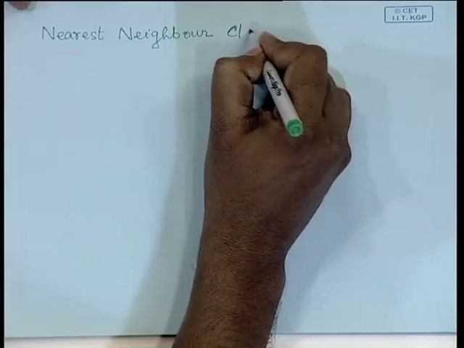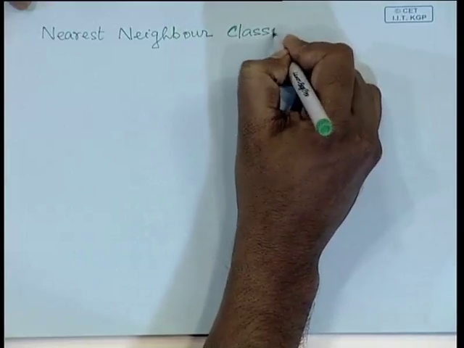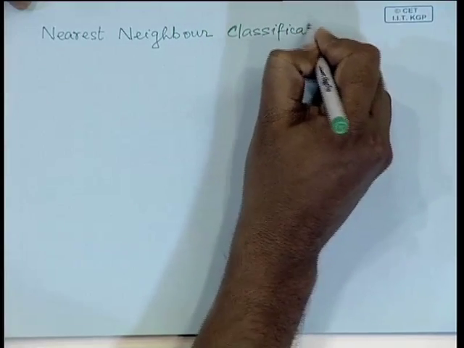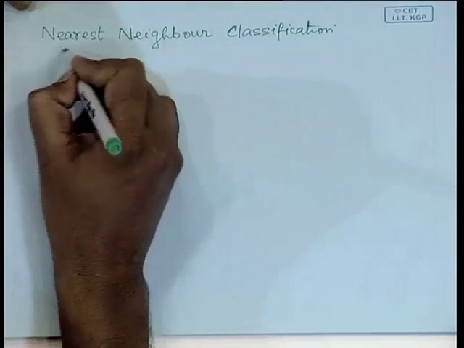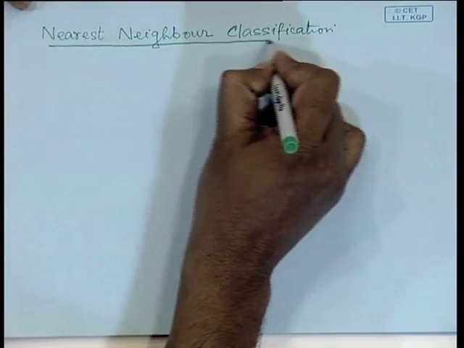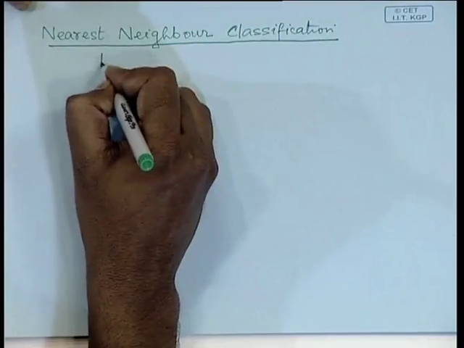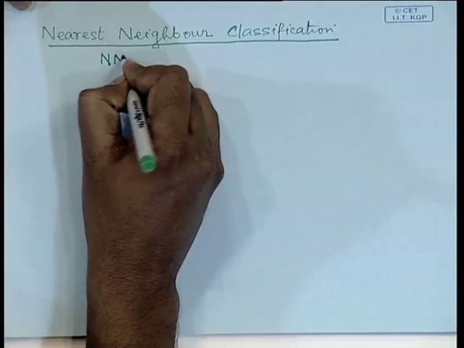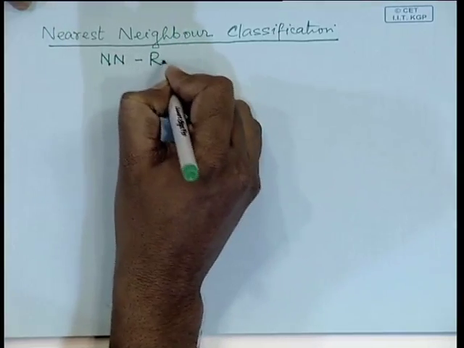Or nearest neighbor classification. Or it is also called NN rule.